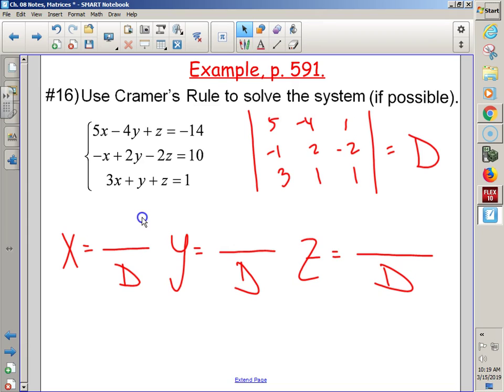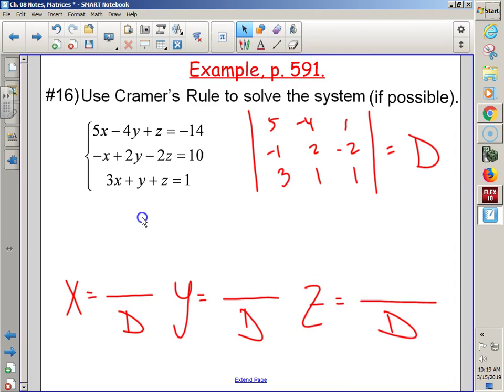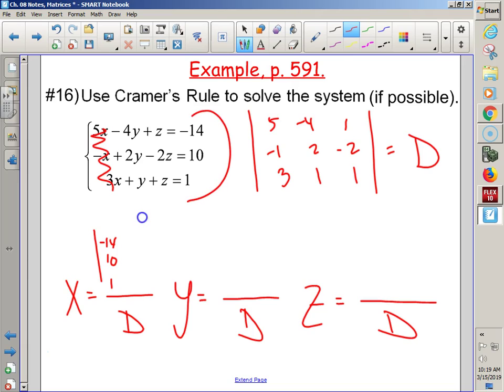But what would you have to do next? Okay, so just tell me what the numerators would have been. What would his matrix have been? Good. You would plug that in. Do we get the pattern? Whatever size matrix it is, just take out that column and put in the solution column. So what would be the rest of your matrix? Got it.